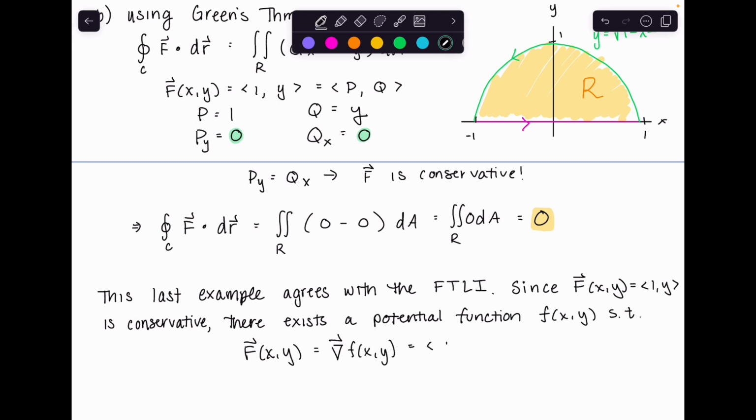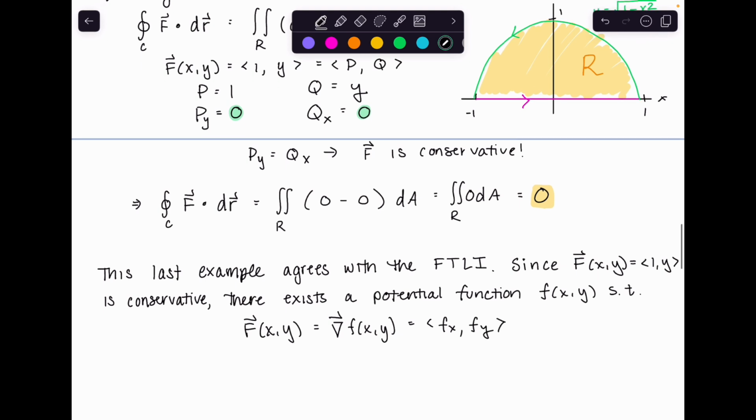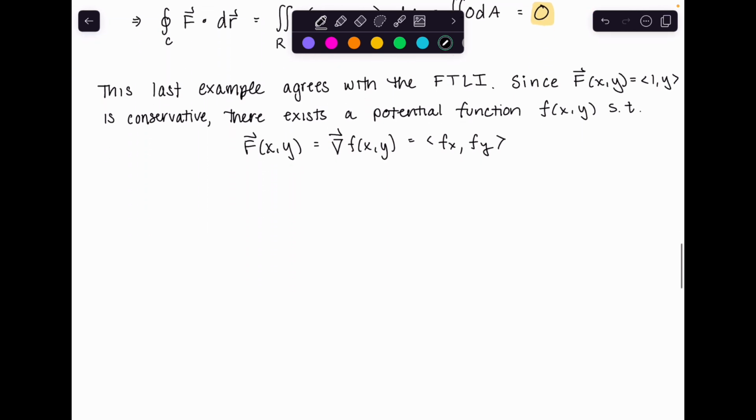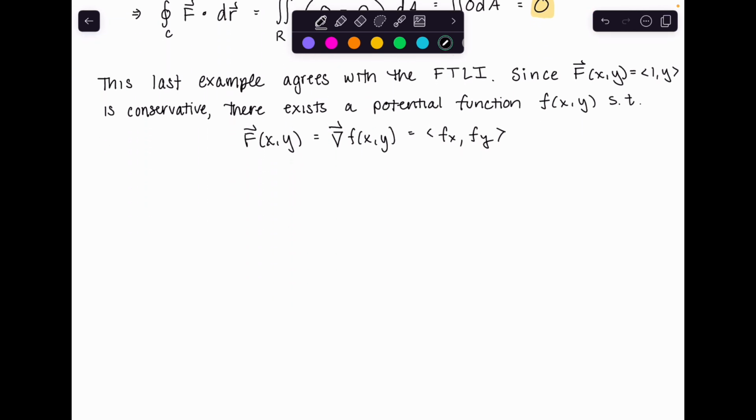So the first component is the partial with respect to x. The second is the partial with respect to y. So I'm going to go ahead and find this potential function.